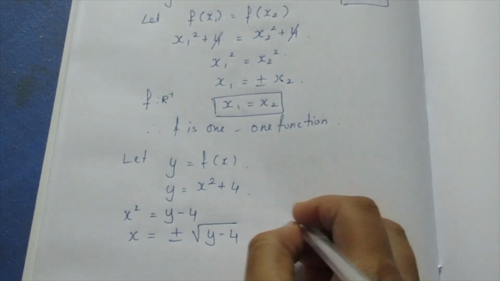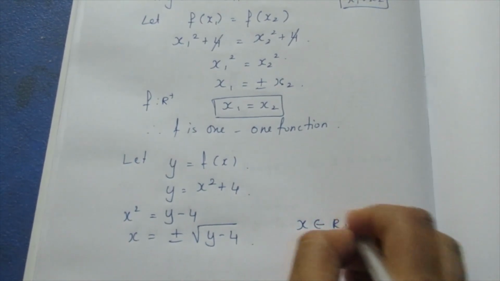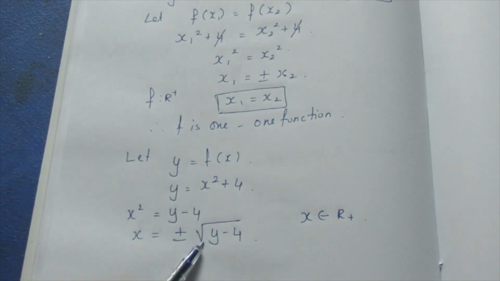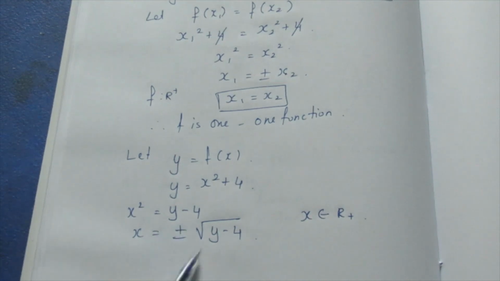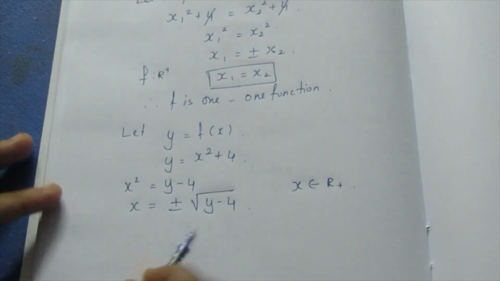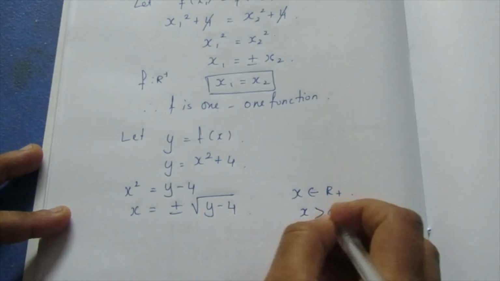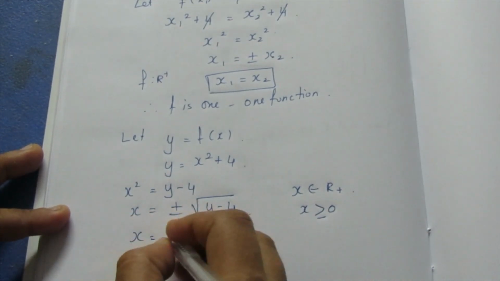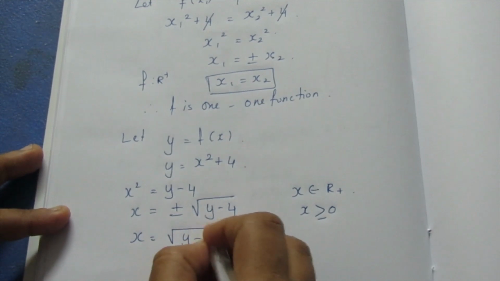Here the given condition is x belongs to positive real numbers, so we substitute only positive values, and there will not be any plus or minus. As x is greater than or equal to 0, we can write x is equal to root of y minus 4.